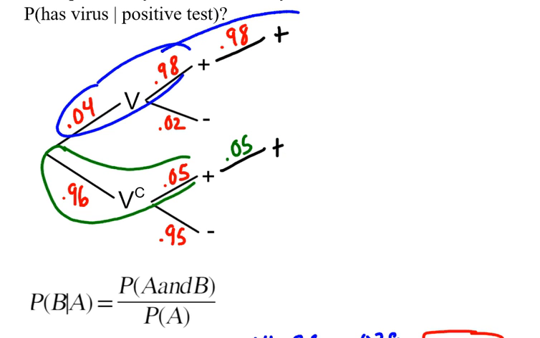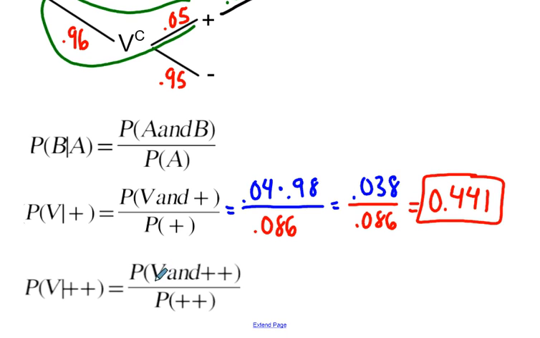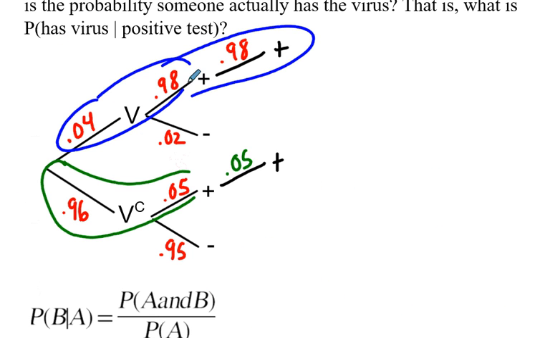I need to find what's the likelihood up top that I have the virus and I got 2 positive tests. Well, that's this blue branch. So I need to do 0.04 times 0.98 times 0.98. That's going to be 0.0384. I'll do it to a couple more just to be more precise.